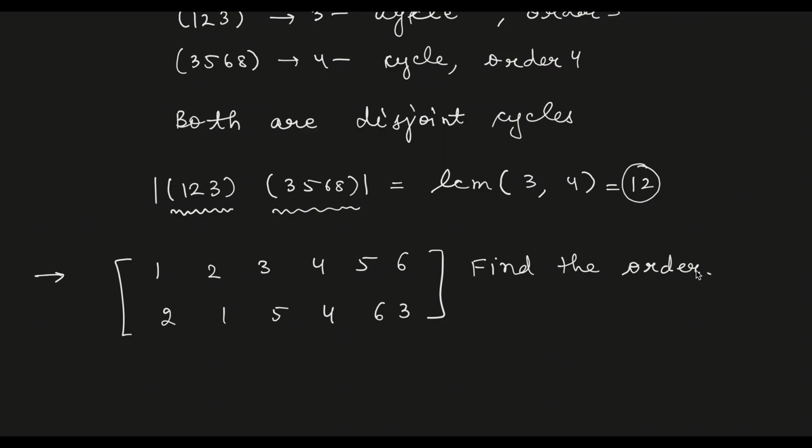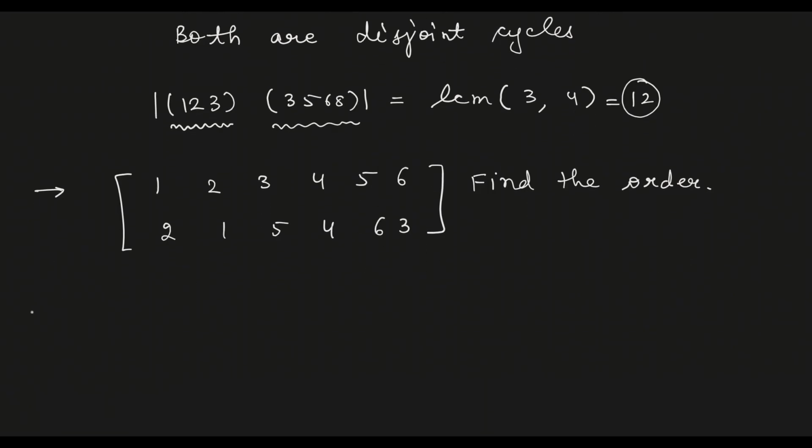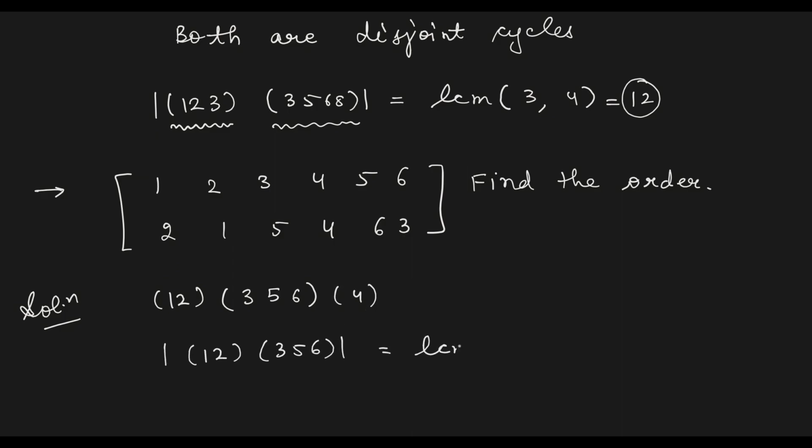What is the cyclic form for this? (1 2), then (3 5 6), then (4). So the order of (1 2)(3 5 6) is the LCM of 2 and 3, which is 6.